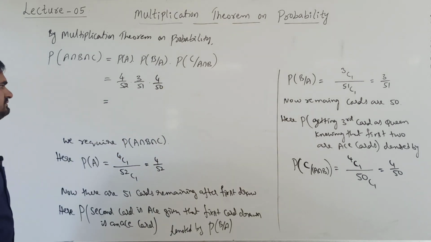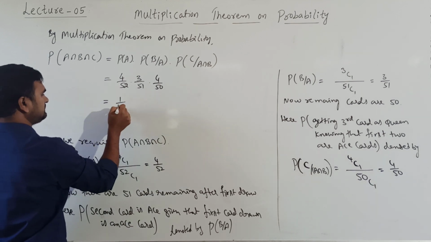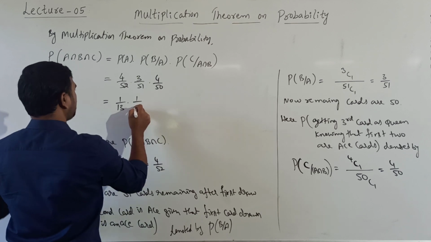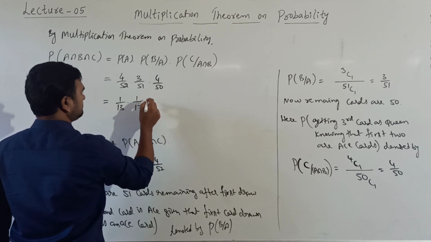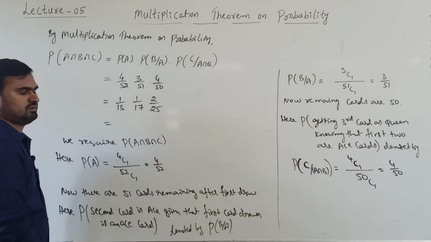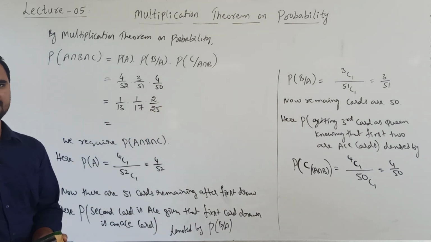We can multiply and simplify. So it is 1 by 13, 1 by 17, 2 by 25. Okay. Can multiply and simplify. Understand?